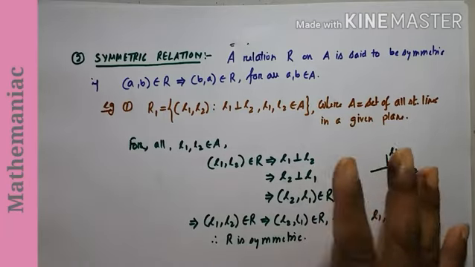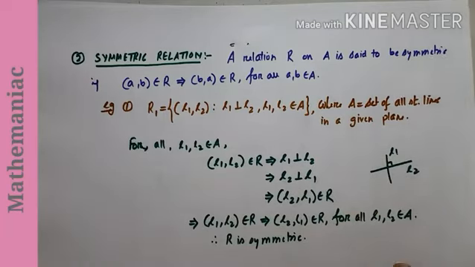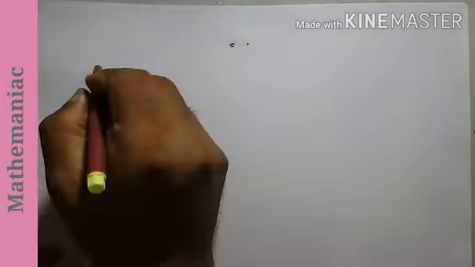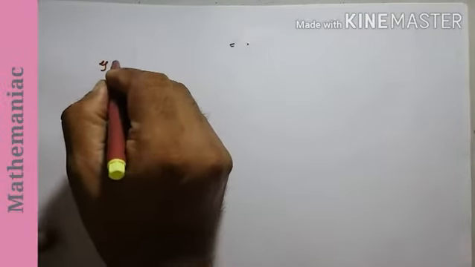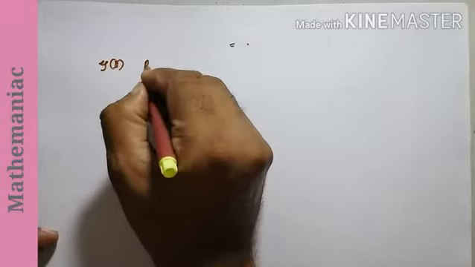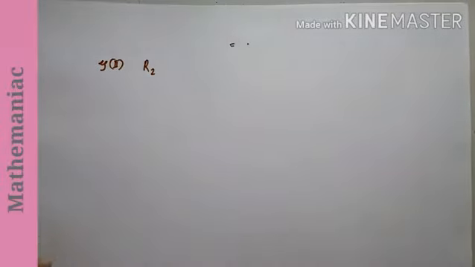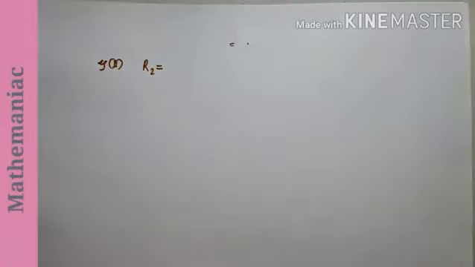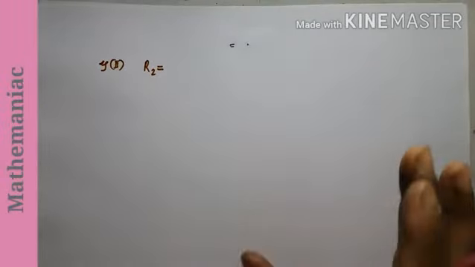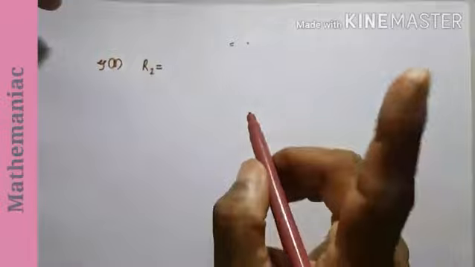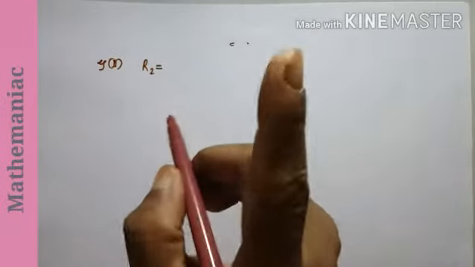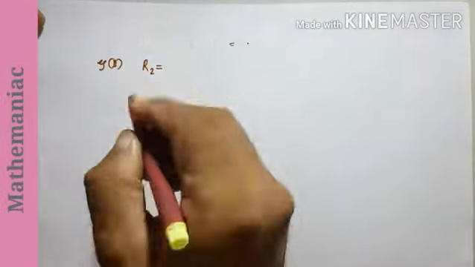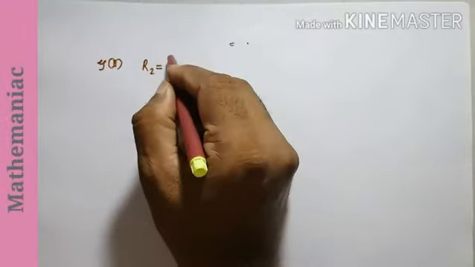One more example let us discuss. Example number 2, R2. Now let us see a very important example. There is a very good importance of this particular example when we will discuss the other types.